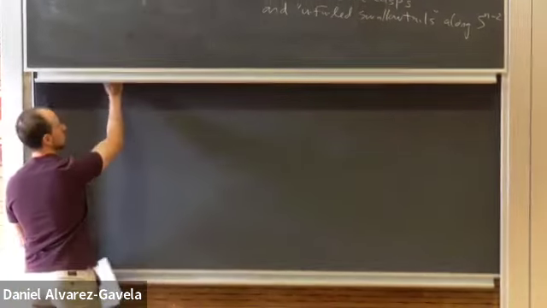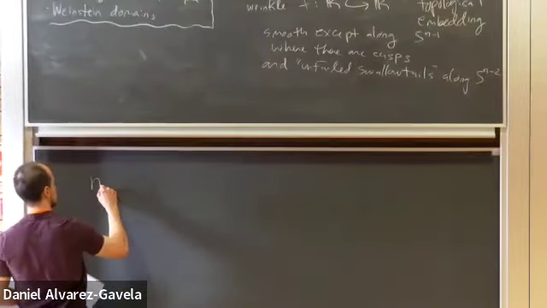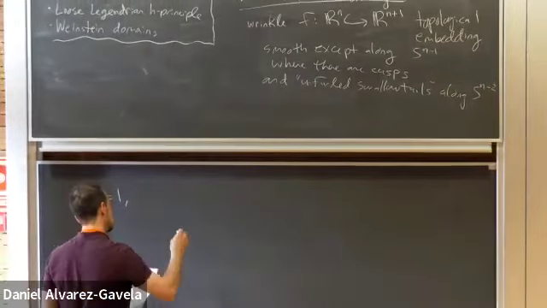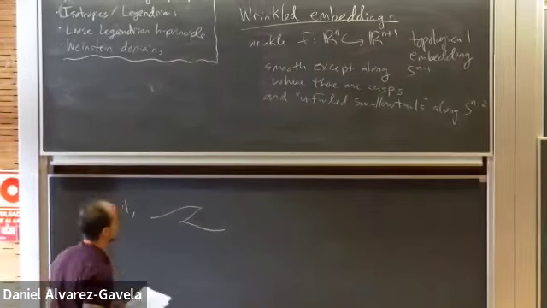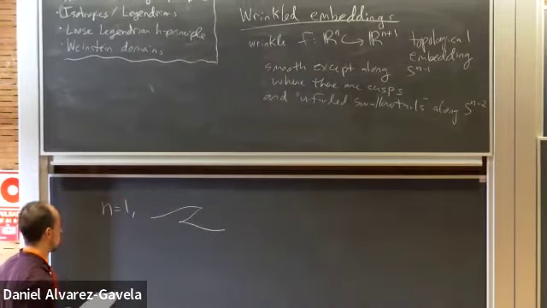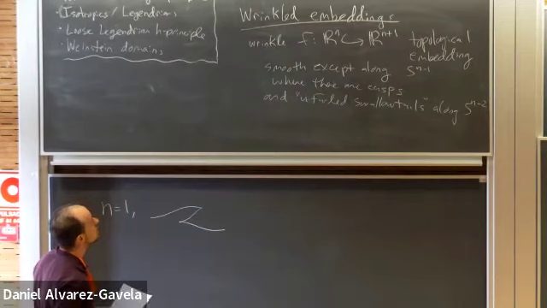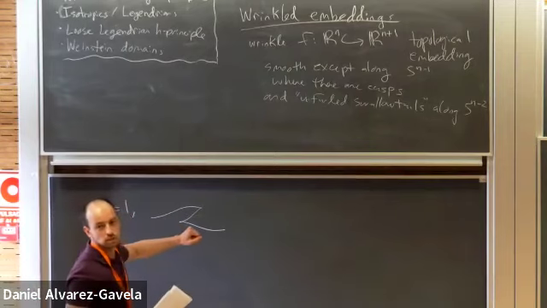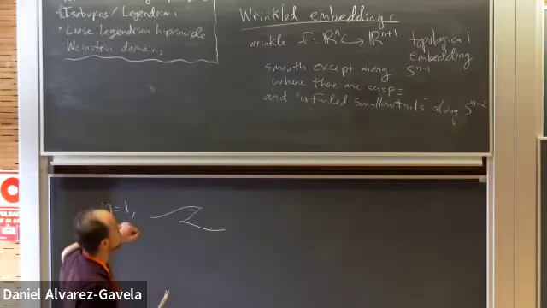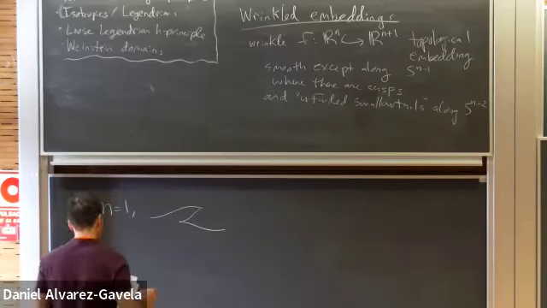For n equals 1, this is the image of the wrinkled embedding in R2, and it has these cusps at 2 points, which is a zero-dimensional sphere. And there are no unfurled swallowtails.